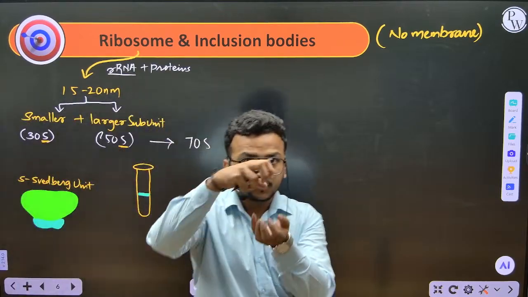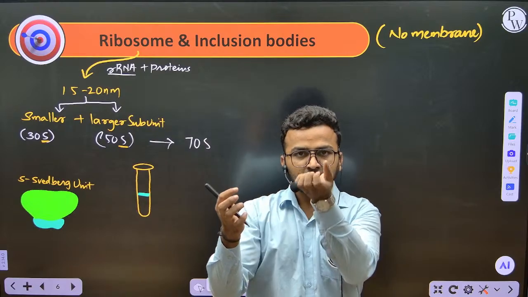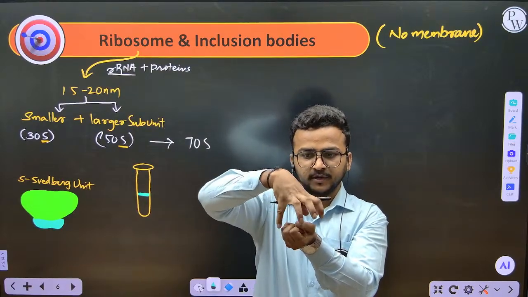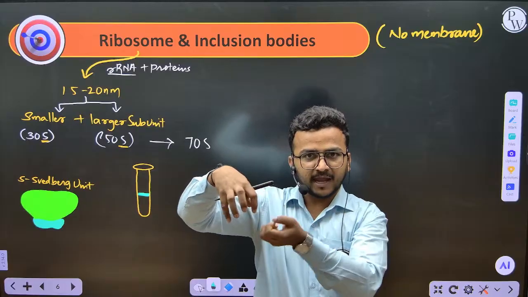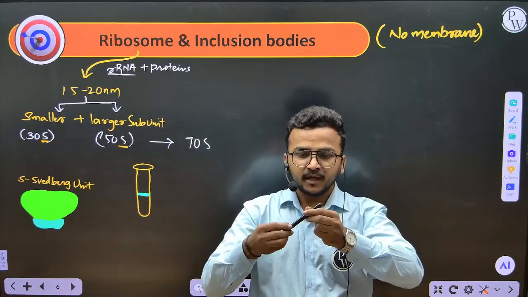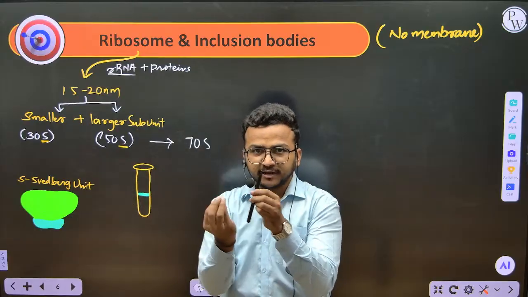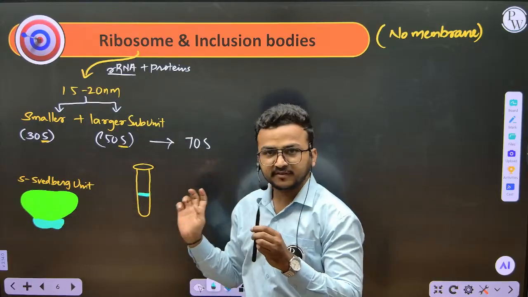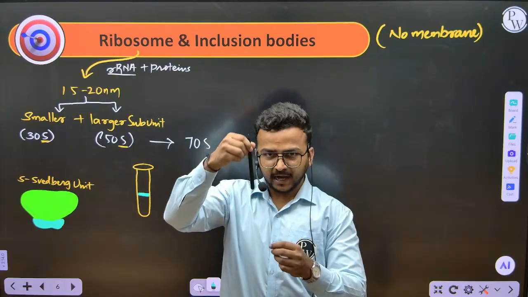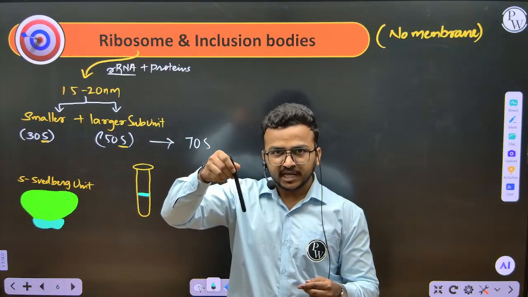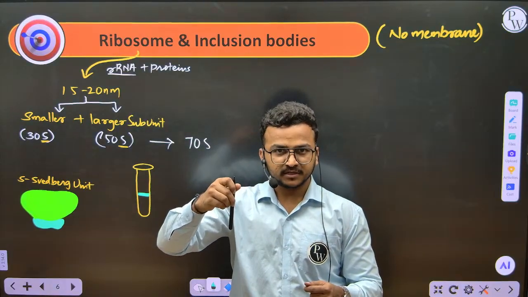Think that there are two ribosome packets, one is the smaller subunit and one is the larger subunit. I take the smaller subunit and add it into this test tube, and then I keep it for centrifugation.